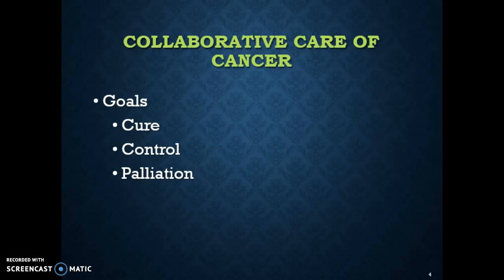Control, when a cure is not possible, sometimes we can control the growth or the size of the tumor for several years by providing treatments that just keep it under control. Some cancers may not be cured, but may be controlled and put into remission for a period of time, and then they may re-exert themselves later, and then we do other measures again to try to put them back into control.